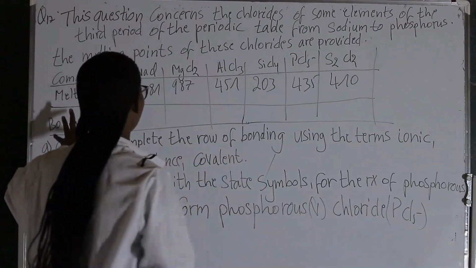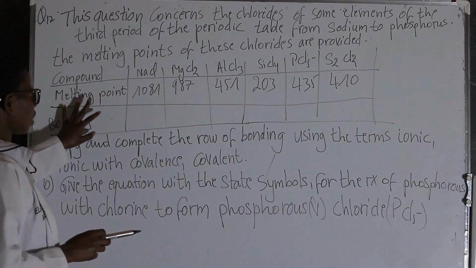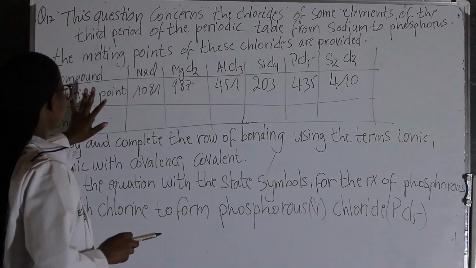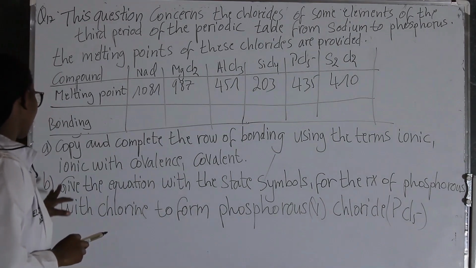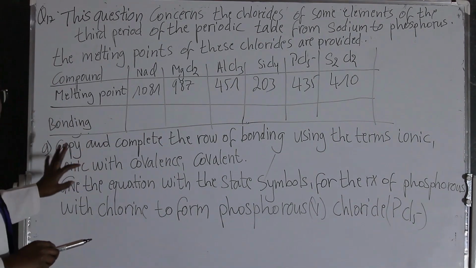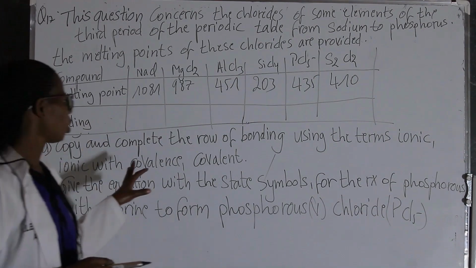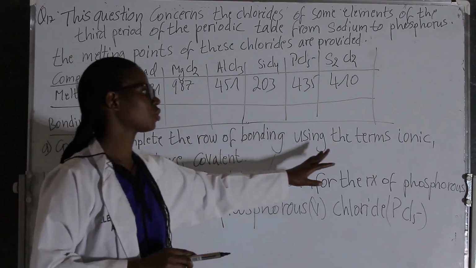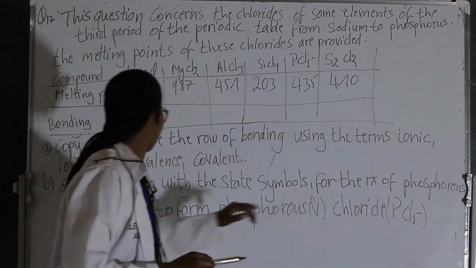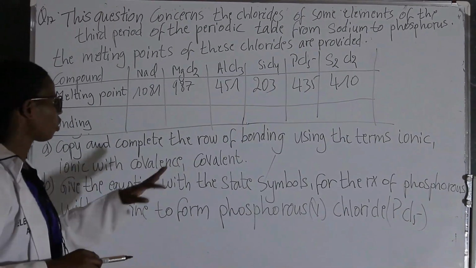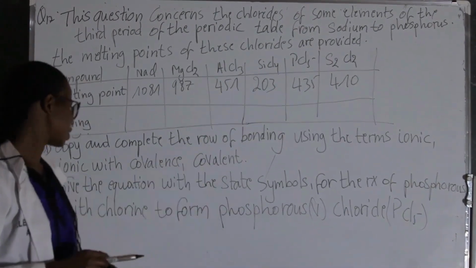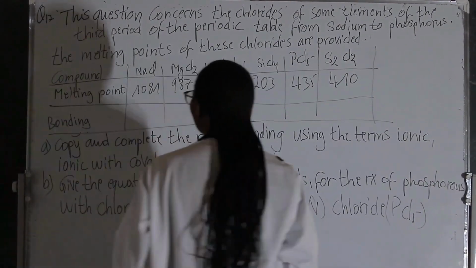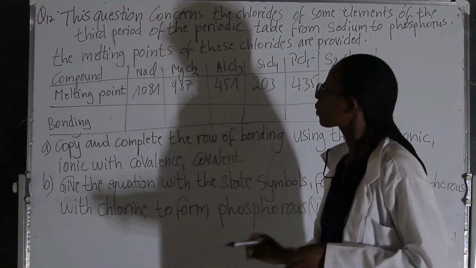The first column is the compound, the second is the melting point. Then there is bonding. Question A: copy and complete the row of bonding using the terms ionic, ionic with covalent character, and covalent.